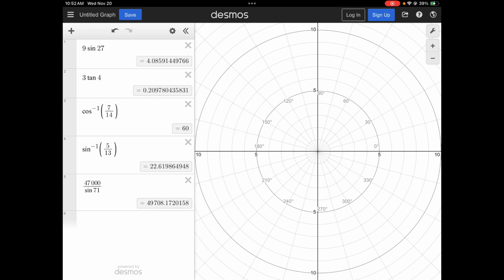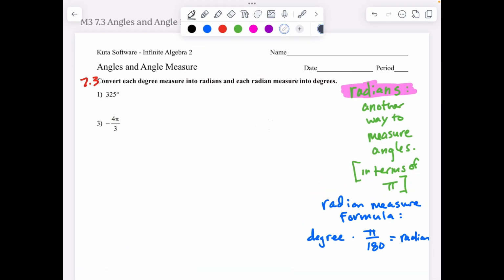This is thinking in terms of measuring angle measurements as opposed to distance left, right, up, and down with your x and y's. So this sits on top of those rectangular coordinates, and it helps us measure circular functions. All right, so that's where the pi comes from.